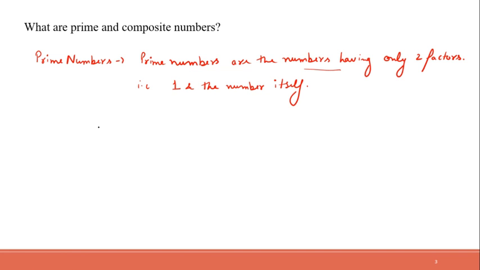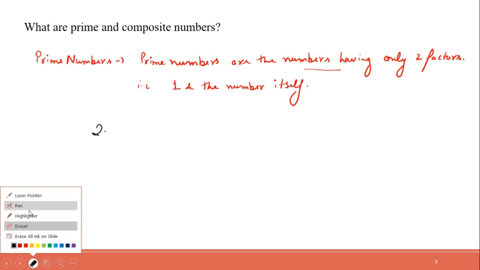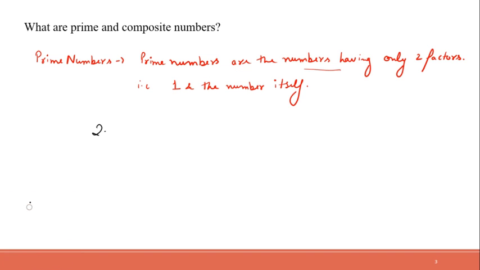So as we have learned about the factors, I want you guys to tell me what are the factors of 2. How will we do it? 1 then 2, right?